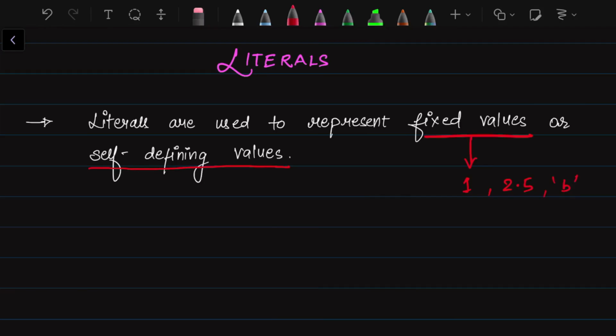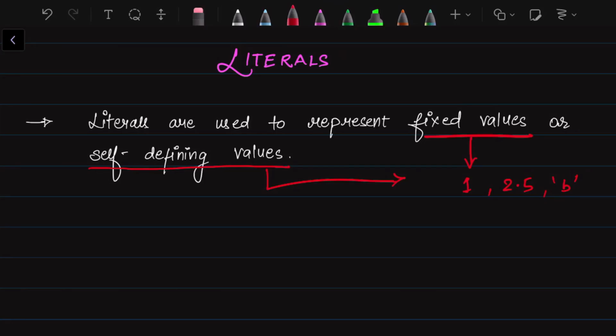So all of these are fixed values, or you can also consider them as self-defining values, which means these values are defining themselves. One can see these values, let's say in your C program, whenever you encounter a value 1, you'll automatically understand that 1 is basically an integer.